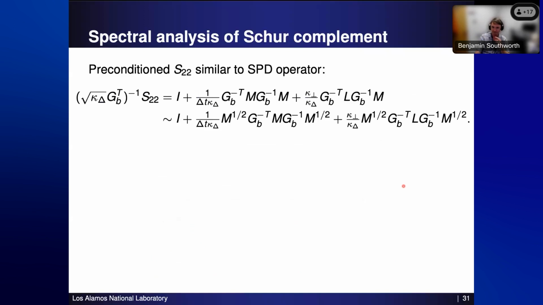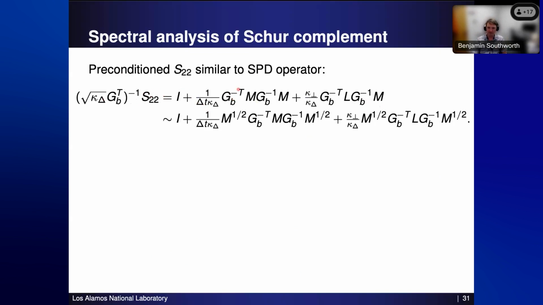And so we did a spectral analysis of this, and it's interesting when we do this preconditioning because we're working with hyperbolic operators, but after applying the preconditioning, we end up going back to the SPD realm. So if we take our diagonal block, our transport inverse, and apply it to S22, our Schur complement, we get this set of three operators right here.